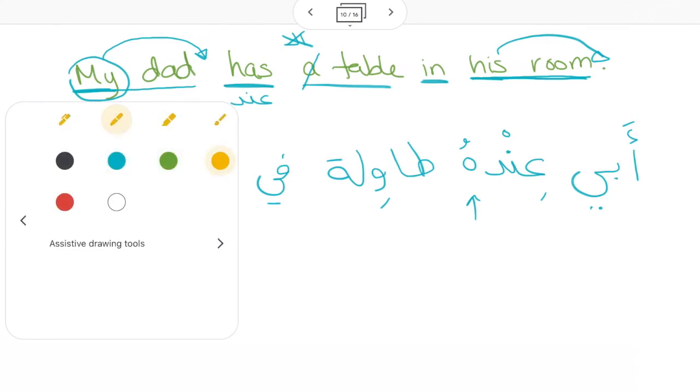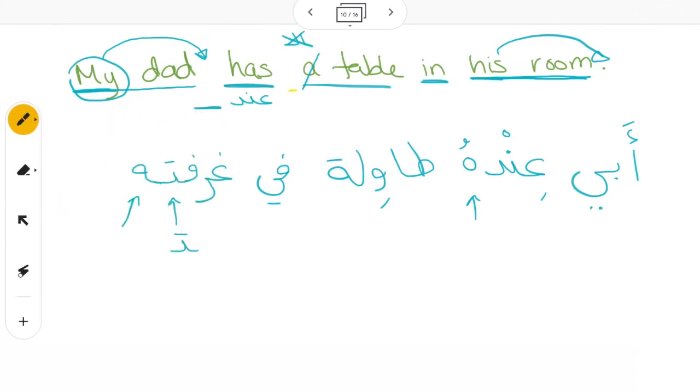Now, what if we wanted to say he has a small table in his room? Pause the video and figure out where the word small would go and how you would write it. So if we want to say a small table, that's an adjective for the word table. So the noun comes first. So that's this noun right here, طاولة.